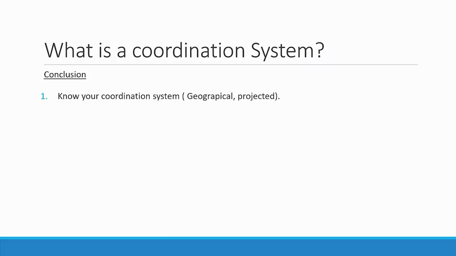As a conclusion, you as a BIM engineer or a BIM coordinator or a BIM manager have to know exactly which coordinate system you're working with. Is it geographical or projected? And if it's projected, which is 90% of the cases, you have to know which zone you have to use: is it UTM zones, or a local projected coordinate system like the one that I showed you in Egypt, or another projected coordinate system?